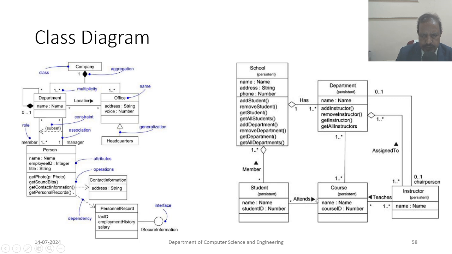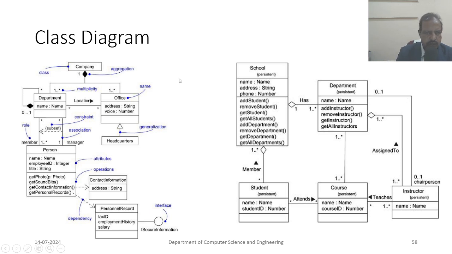That means a student attends a course. For the course, the attributes are name and course ID. Similarly, instructors are there. The instructor teaches a course, so there can be many courses. There can be at least one teacher or more, one to star. A department is an aggregation of instructors or faculty, or an instructor is associated with a department.